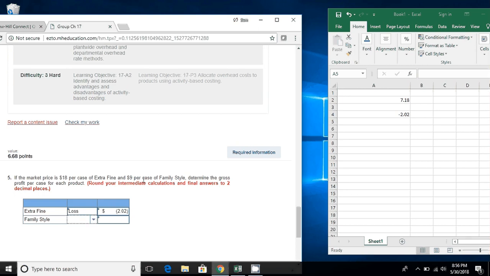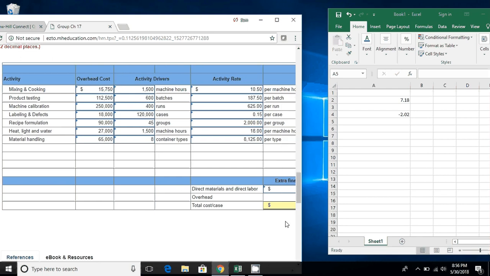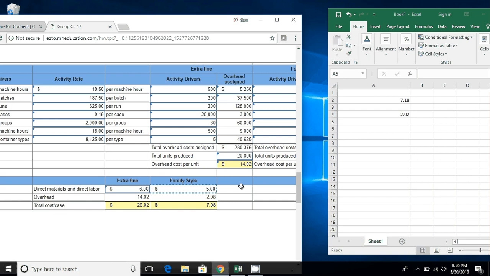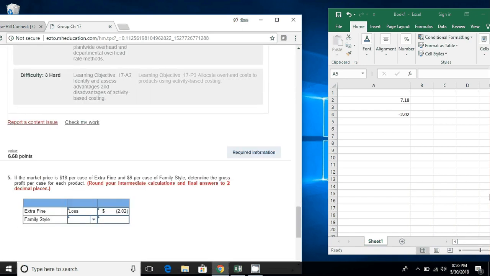Family style, we sell for $9 per case, but it is only costing us $7.98 per case. So $9 minus $7.98 says that we should actually be making a profit of $1.02 per case.